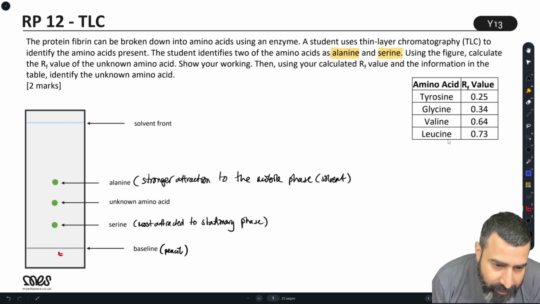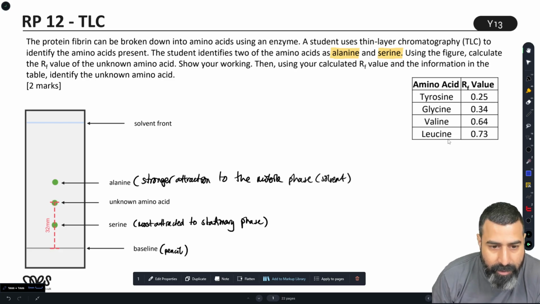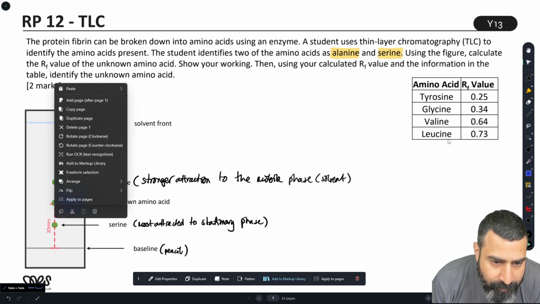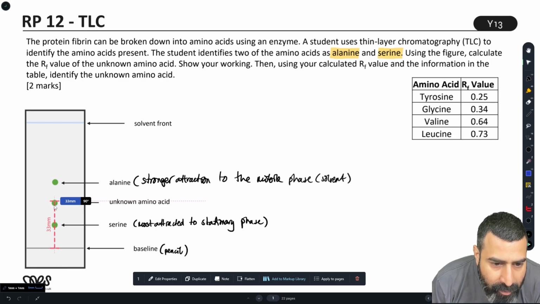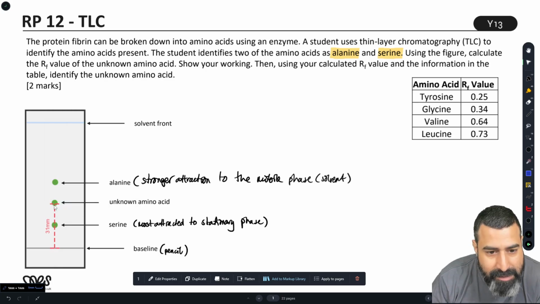Okay, so here is my baseline, and let's draw a line up to the unknown amino acid. I can fix that one a little bit. It's slightly long, I just want to go to the center of the spot. Yeah, that's a bit better.